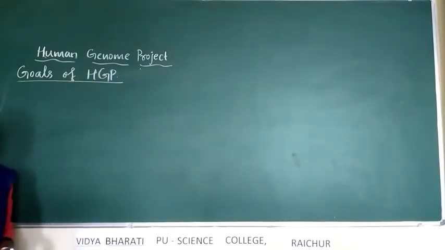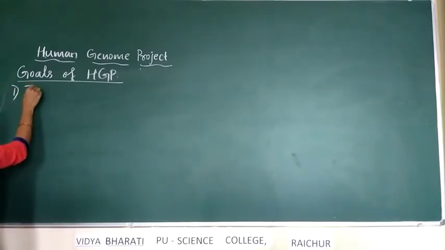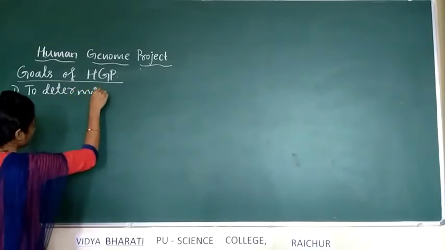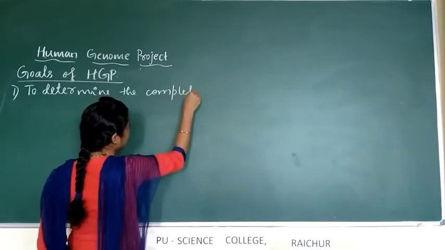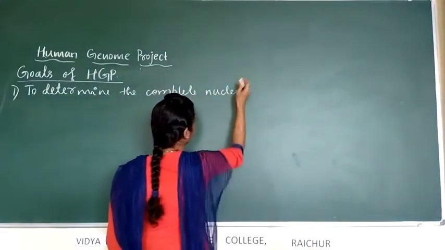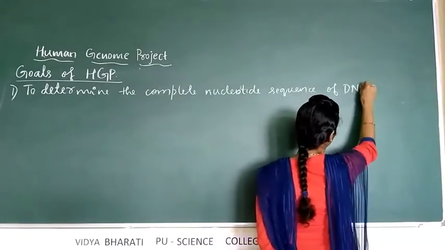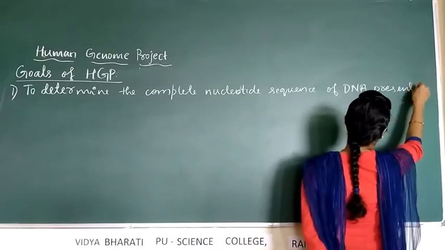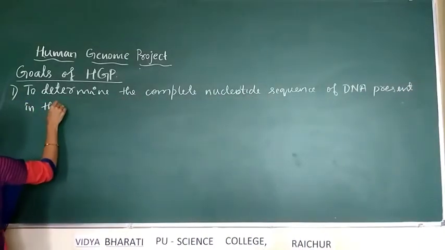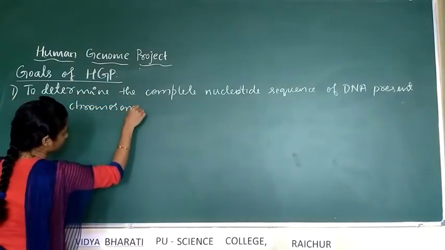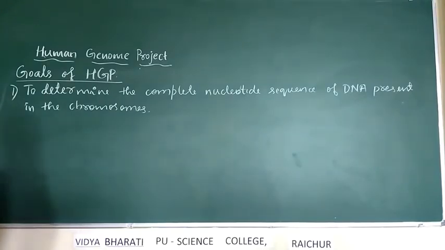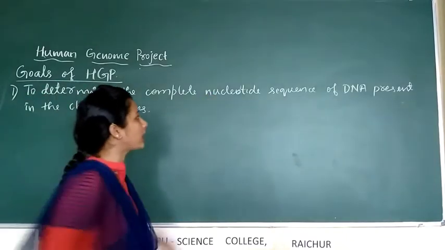The first goal is to determine the complete nucleotide sequence of DNA present in the chromosomes of a particular cell, or chromosomes of a human being.